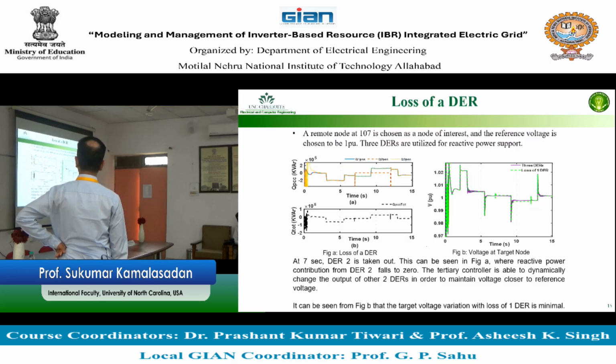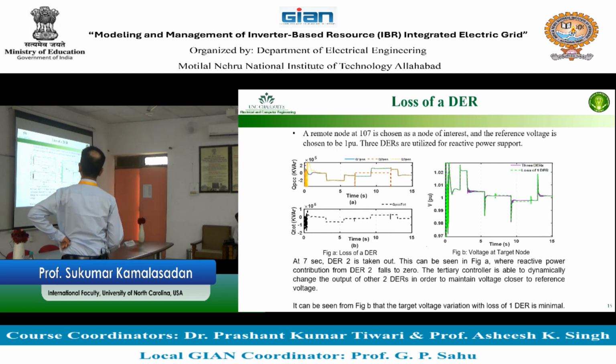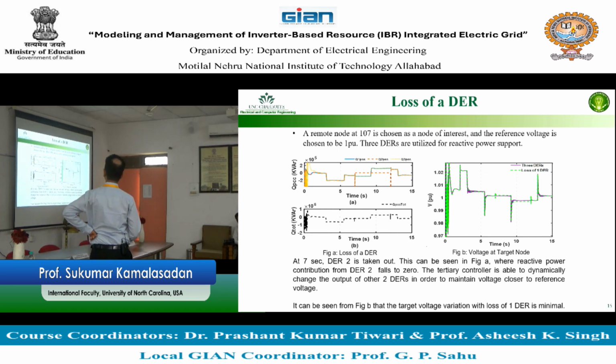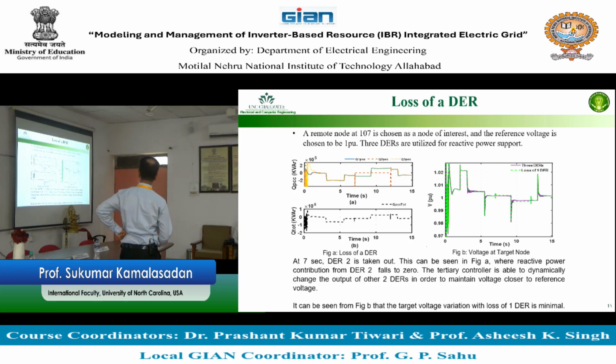So the last one, I think probably this is the last one. At 7 seconds, one of the DERs is out. So there are 3 DERs which we have. One of the DERs is out. Now you can see the loss of DER at 7 seconds, there will be one DER lost right here.